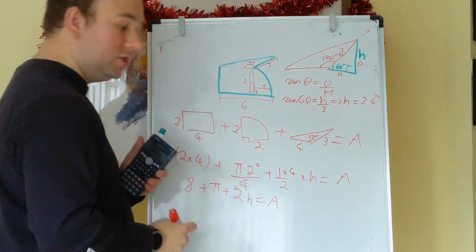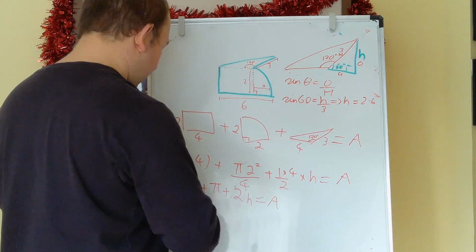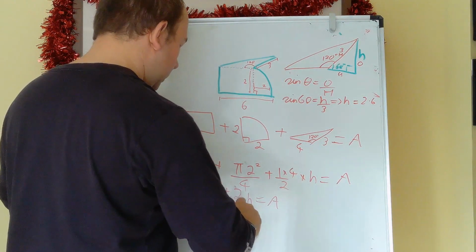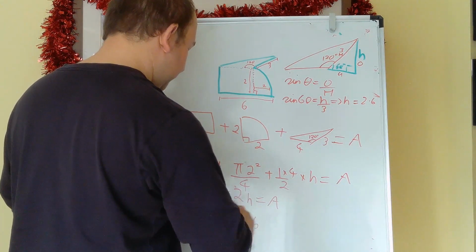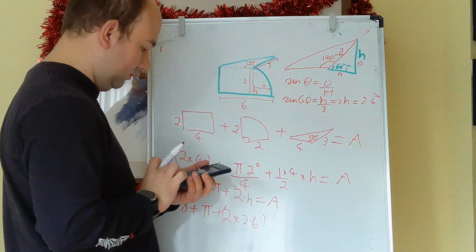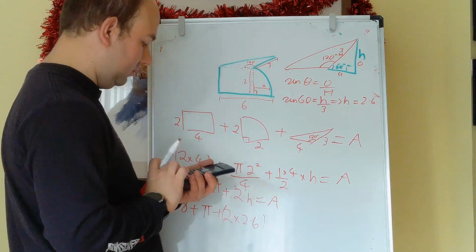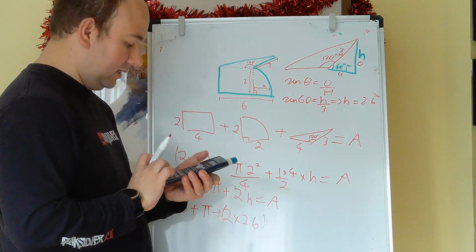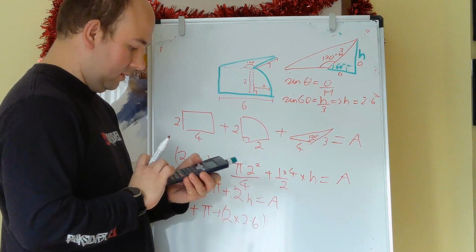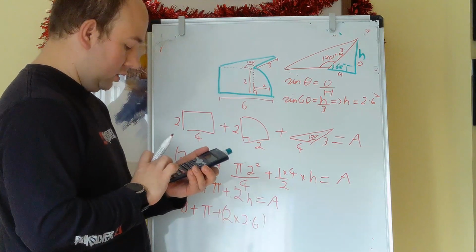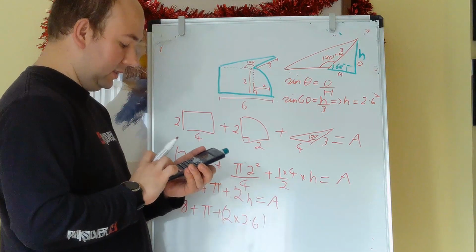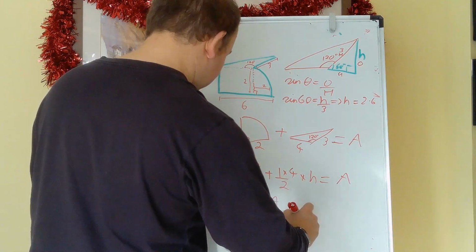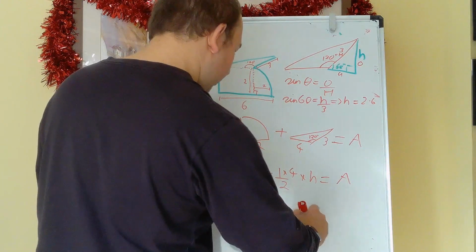I can now fill this into here. So we have 8 plus pi plus 2 times 2.6, which is equal to 16.34.